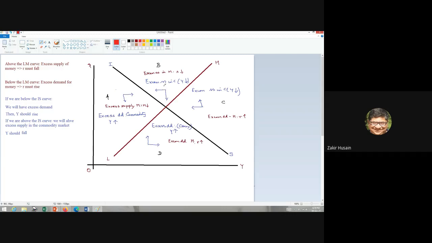I'm just writing this for one. So even if we are off the IS-LM curves, the mechanism will always result such that we come back to equilibrium. So these IS-LM models will be stable as long as you have the IS curve negative and the LM curve positive.